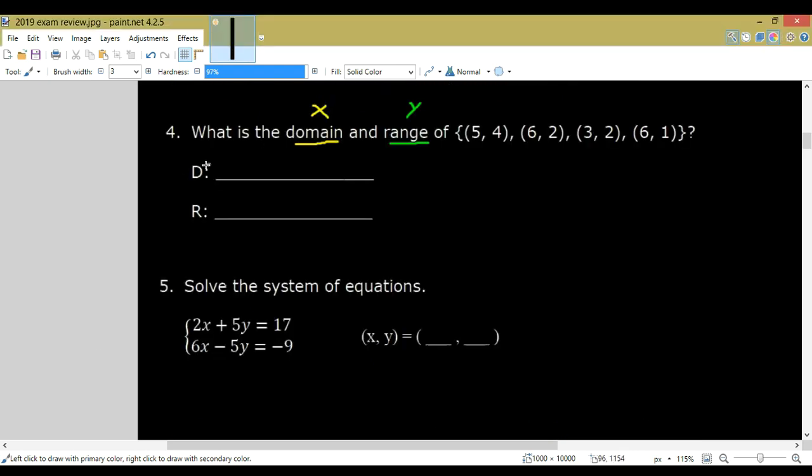Number 4, what is the domain and range of (5, 4), (6, 2), (3, 2), and (6, 1)? Let's look at our domain. The domain is the first number of each ordered pair. So we have 5, 6, 3, 6. Usually when we list domain items, we list them in order from least to greatest.